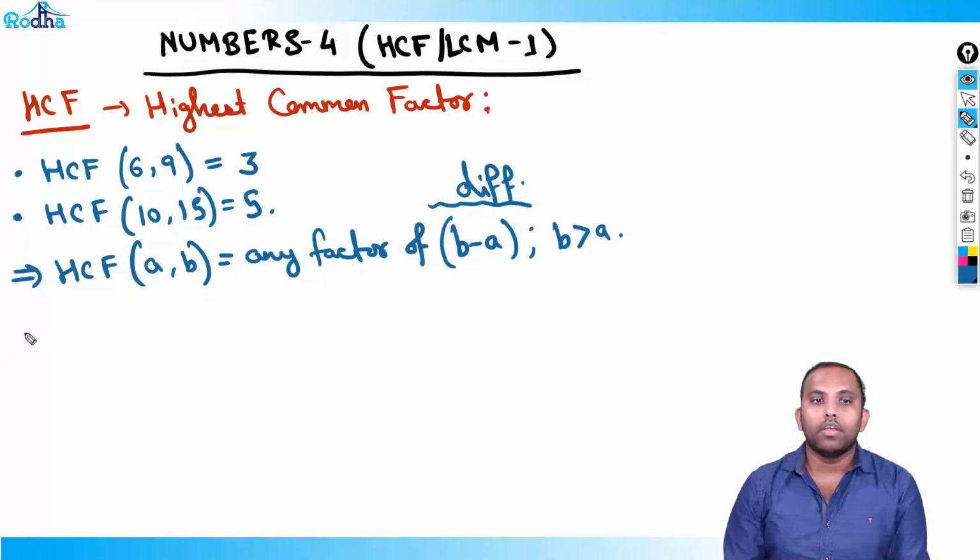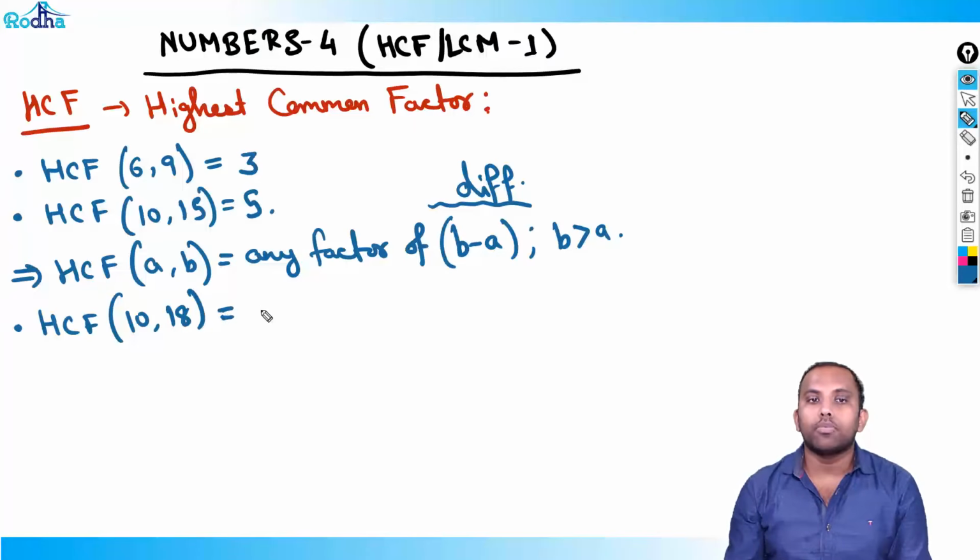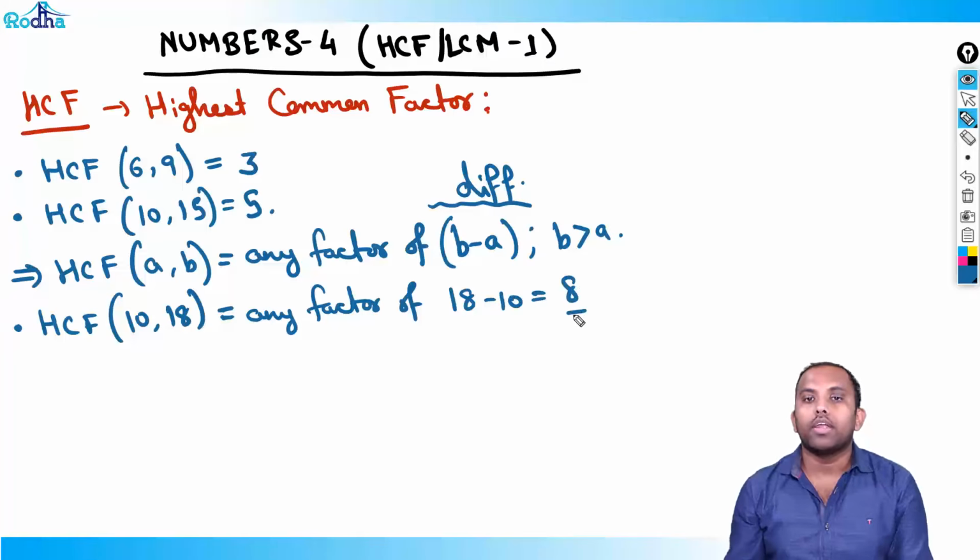For example, what is the HCF of 10 and 18? By looking, you can say it is 2. But to start the concept, it has to be any factor of B minus A, that is 18 minus 10, which equals 8.